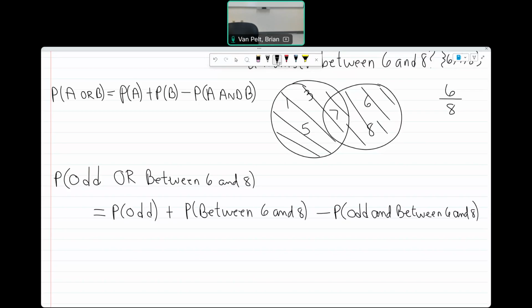This formula is meant to make life easier on you, instead of trying to figure it out by looking at the numbers that are involved. So start with the first one here, the probability of being odd. What is the probability that you land on an odd number? 4 out of 8. Now, what did we say before for between 6 and 8? 3 out of 8.